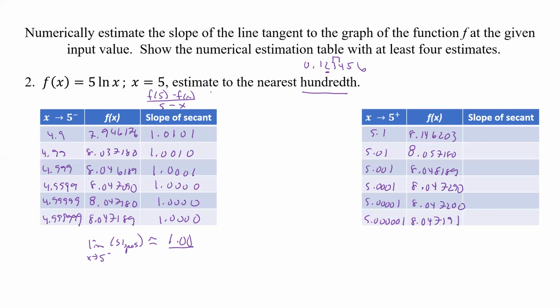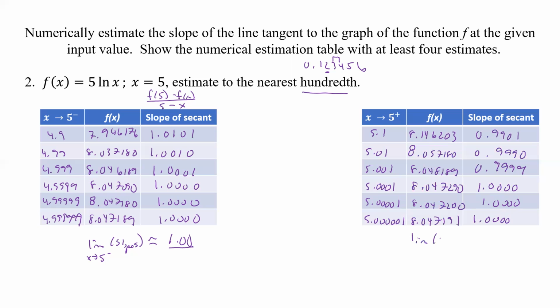All right. Now we have to take that again, what we found for the 5 ln of 5, the 8.0471895562, minus the 8.146203, divided by the 0.1 on this first one. And so when we do that, again, we have to go out to 4 decimal places. And so that's going to be roughly 0.9901. That's going to be 0.9990. 0.9999, and then we're going to get to 1.0000, 1.00004. Okay. And so same thing happens here.